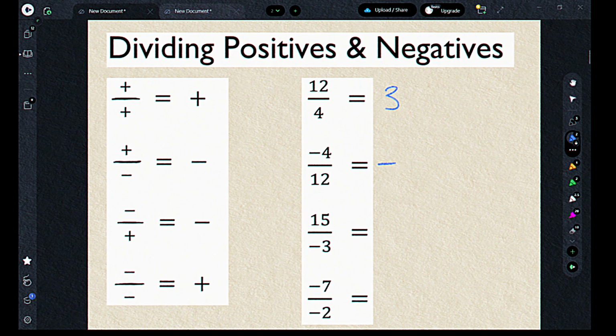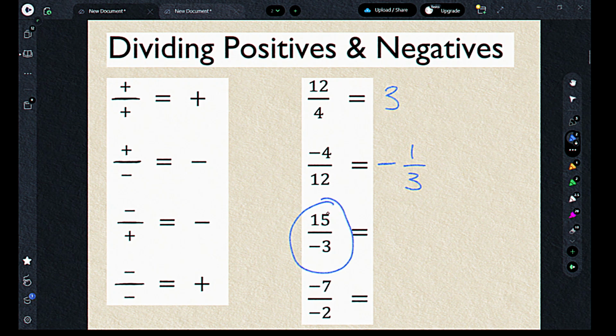So my answer here is not going to be a whole number. It's going to stay a fraction. However, I can simplify this fraction. The numerator and the denominator are both divisible by 4. So if we divide out a 4 from both, we get a 1 on top and a 3 on the bottom. And there's our answer, negative 1/3.